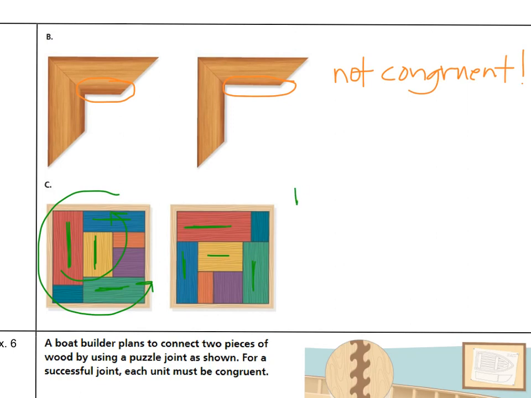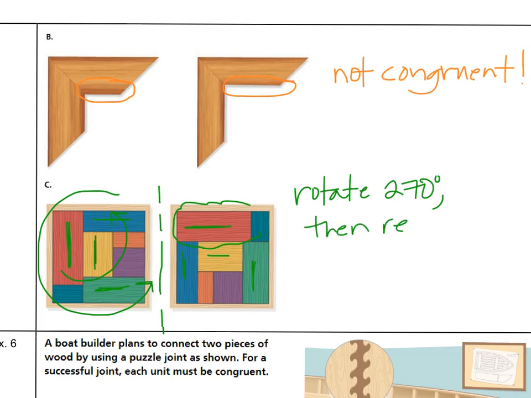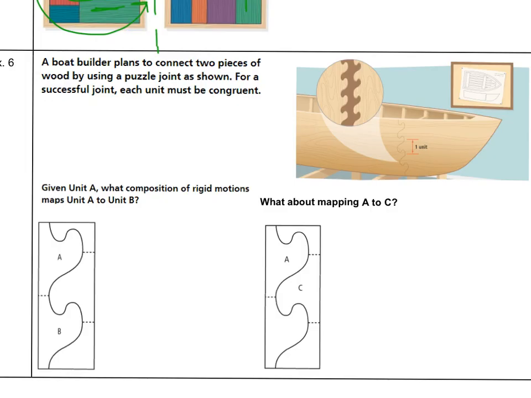So if we rotate 270, then the red would be, oh goodness, on the right-hand side, and we would need it to go to the left-hand side where this image is. So I think then we'd have to also reflect it. So we'll rotate, then reflect. And that's what it would take to get all those little pieces on the inside to match up.